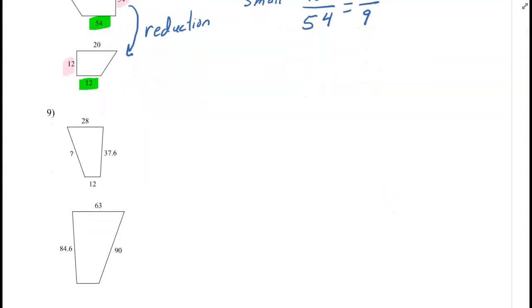Last problem for this video. From top to bottom, notice the picture is getting larger, so this is an enlargement. So I want the larger number on the top, or the numerator. And it looks like this 12 down here goes with that side. I simply reflected the picture left and right.